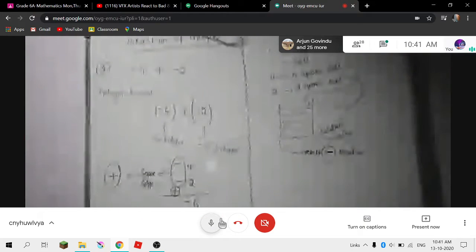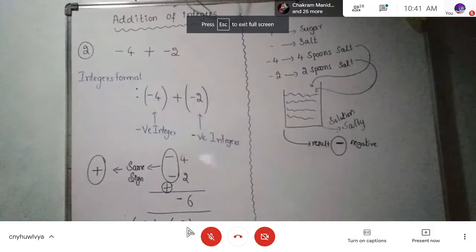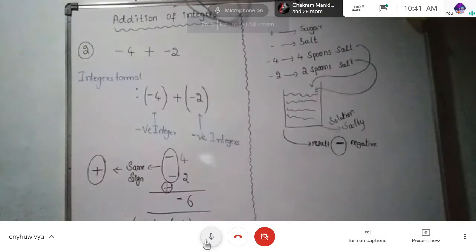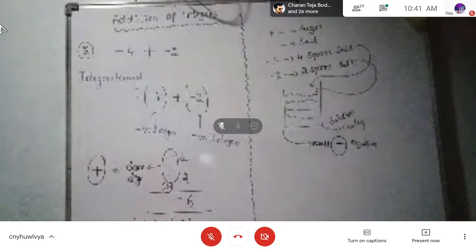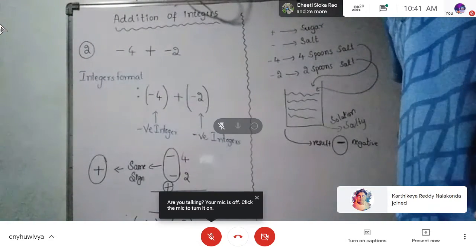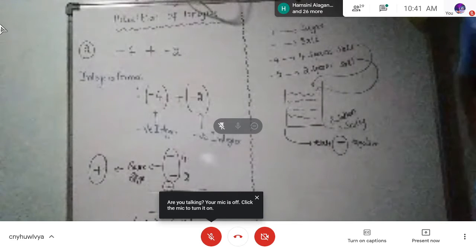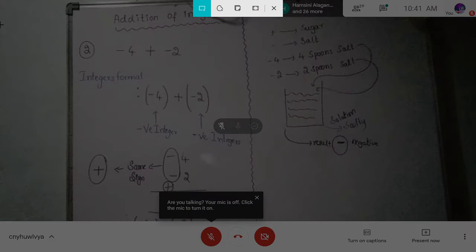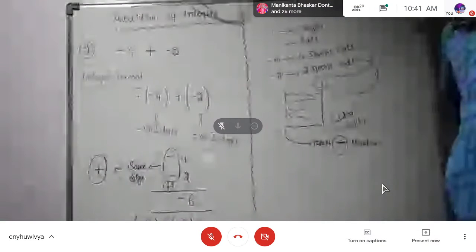Sir, I have a doubt. Yes, you can. Sir, my doubt is, we got the answer as minus 6. If we got the answer as minus 6, no need of integers format.